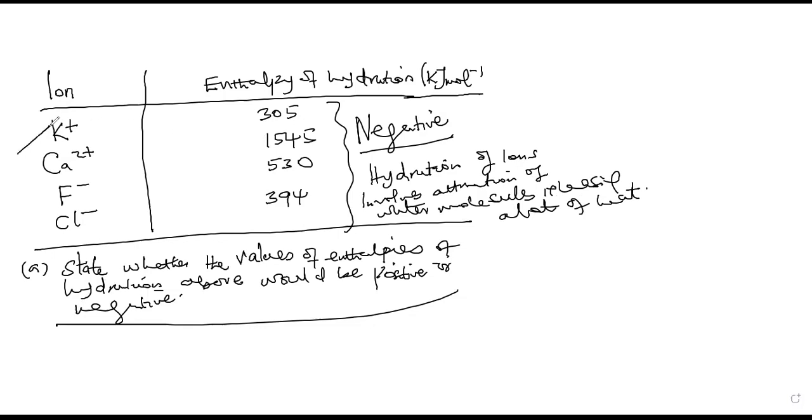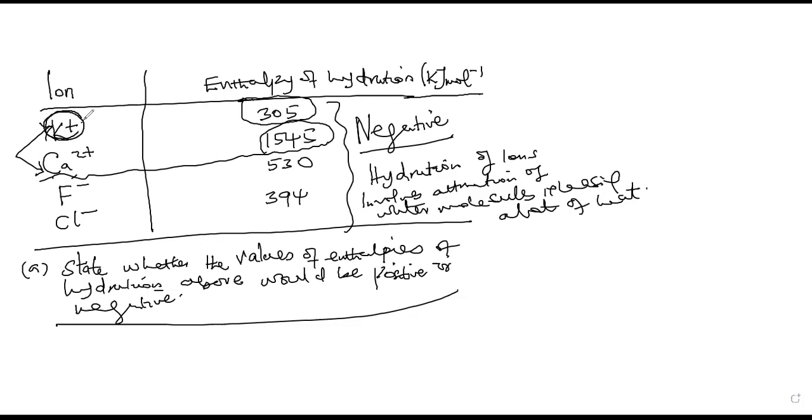What do you compare before we go to any calculation? Why does calcium ion have a higher enthalpy of hydration while potassium ion has a lower enthalpy of hydration? The reason is simple. It's because potassium has a larger ionic radius and smaller ionic charge.